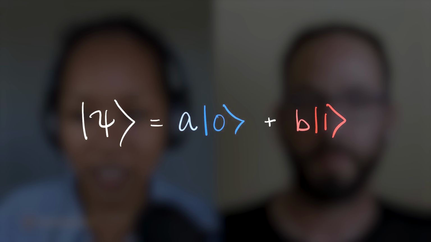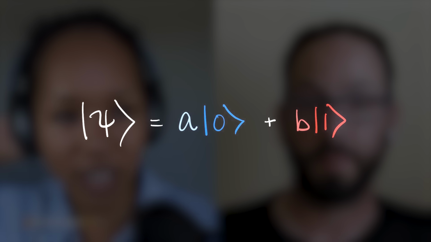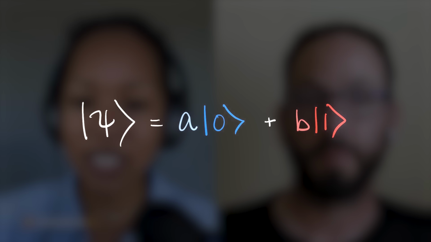It's like saying 2 plus 3 is 5, and instead of saying 2 plus 3 in all of our conversations, we just say 5. So instead of saying A0 plus B1, we just say psi. In basically every quantum physics text, you'll see this letter psi with the bracket, the letter of choice for this sum. Okay, that'll come up later.